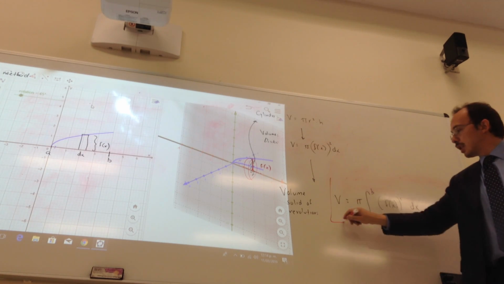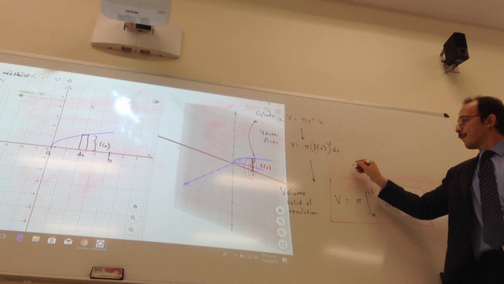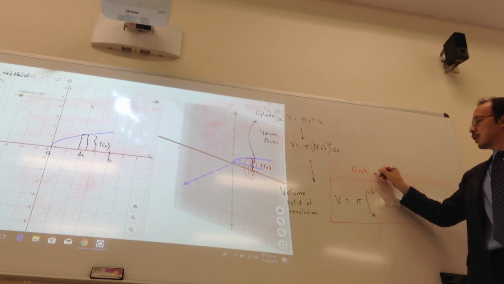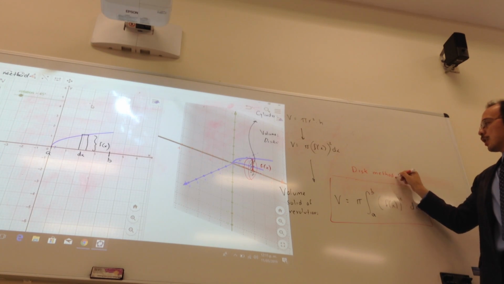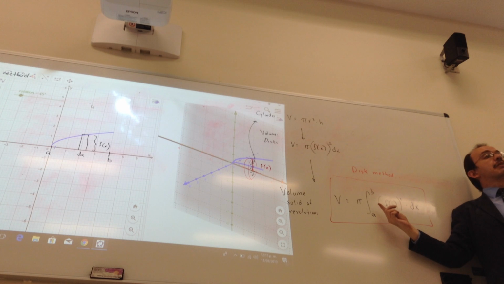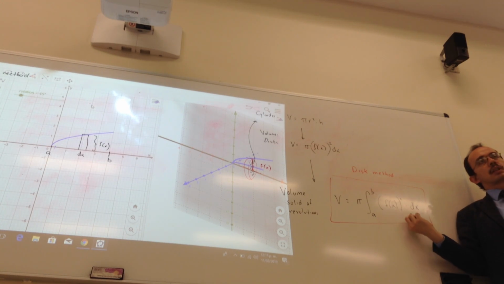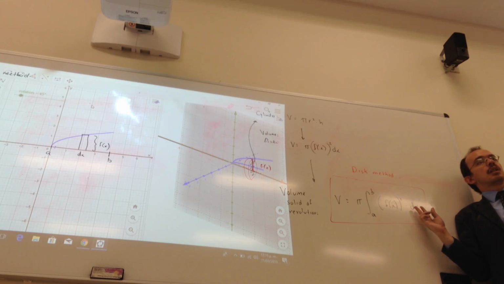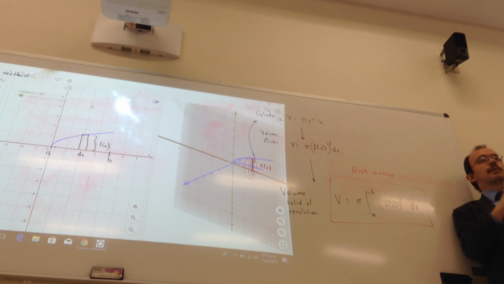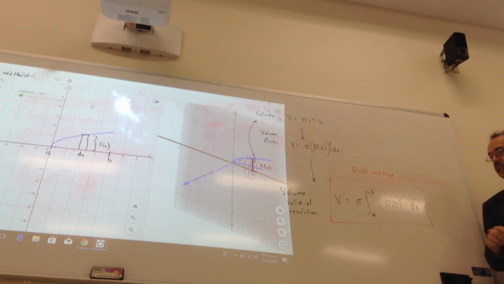This is what we call the disk method. So pi times the integral of the square of the function times dx. This is the radius squared. This is the height of each individual disk, which is the length of the subinterval. Okay.